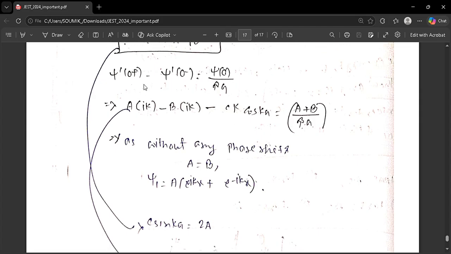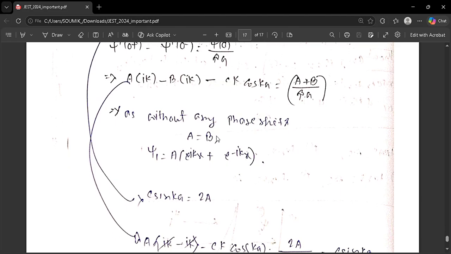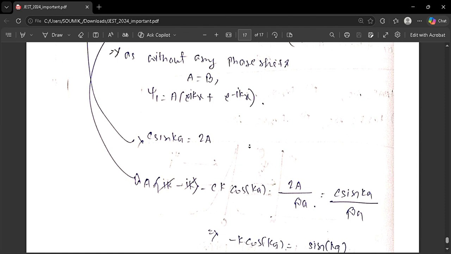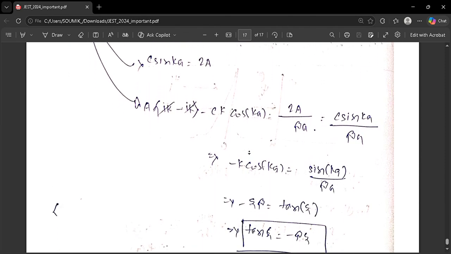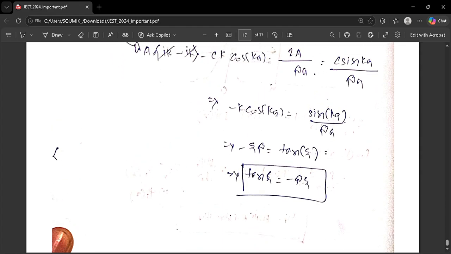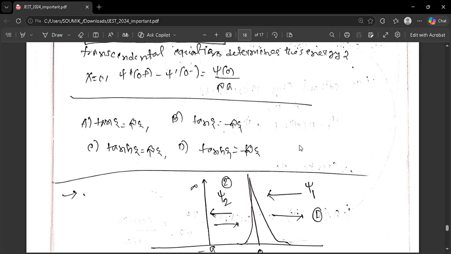Then I just substitute this value, and A is equal to B as there is no phase shift. After calculating these things, I get this result. This is my correct option, so option B is the right answer.